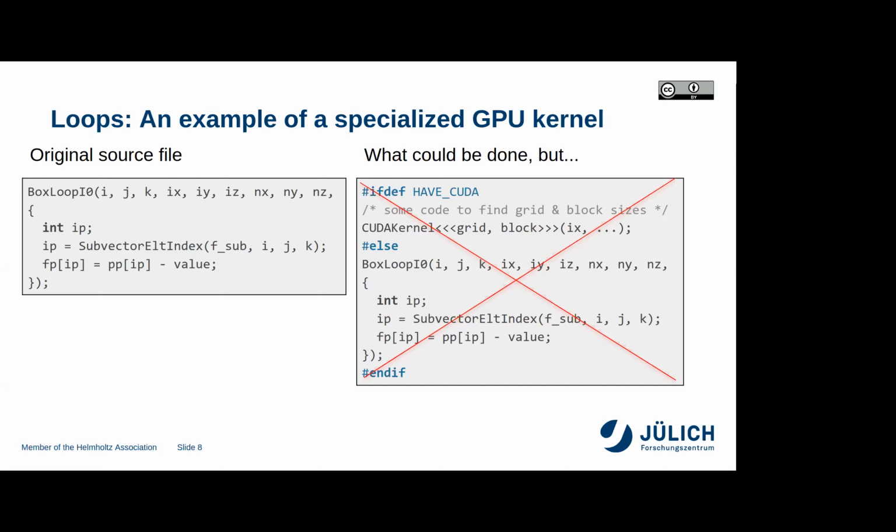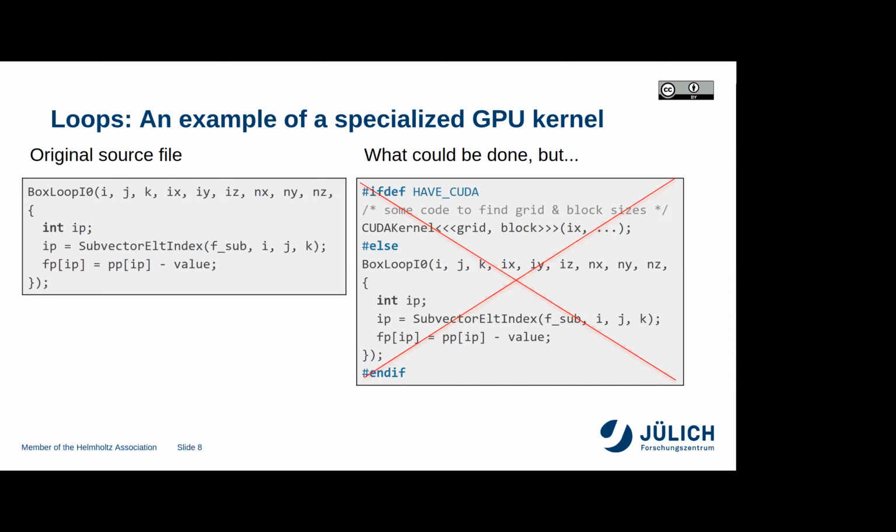However, the problem with this example is that if we have 100 different BoxLoopI0s with different loop bodies, then we would need to write a CUDA kernel for all of them, and that basically messes up all our source files. So this is not a very productive idea. And it's also not good in terms of code base maintainability.